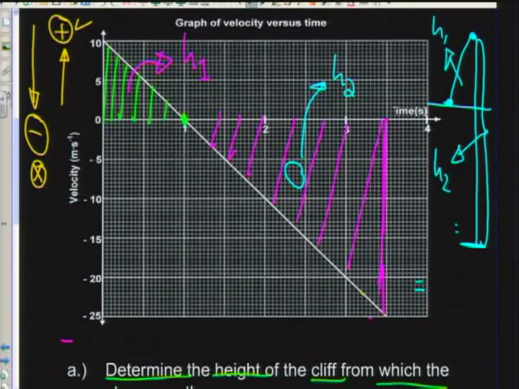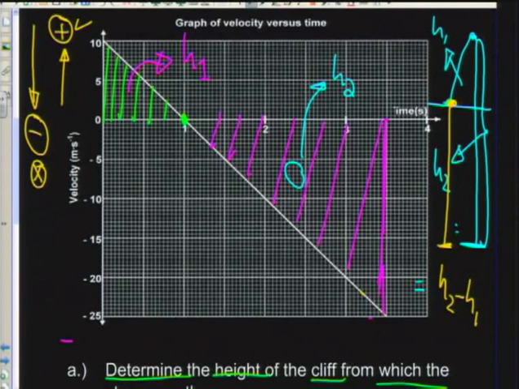That's the H2 height. You will therefore agree with me that if I want to know the height from where the stone was thrown, which is this point here, if I want to only know that part, it means I would have H2 minus H1, okay?